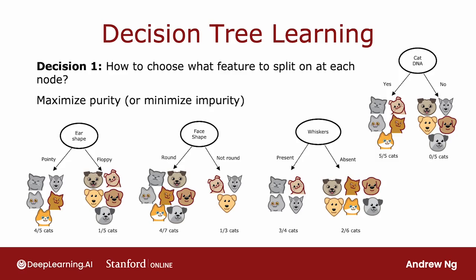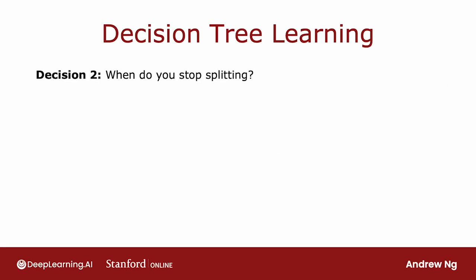So the first decision we have to make when learning a decision tree is how to choose which feature to split on at each node. The second key decision you need to make when building a decision tree is to decide when to stop splitting. The criteria that we used just now was until a node is either 100% all cats or 100% all dogs or not cats.